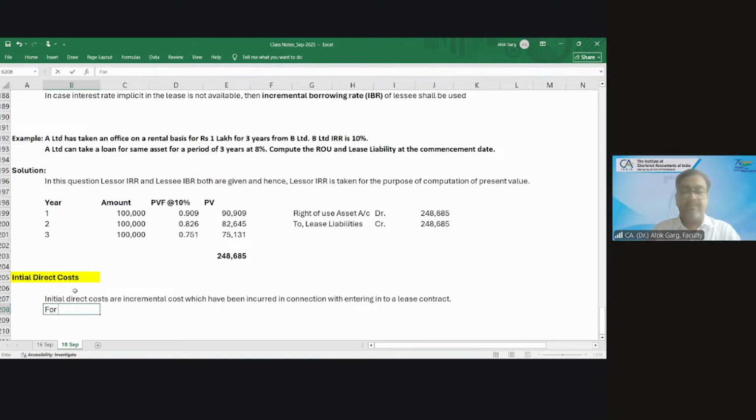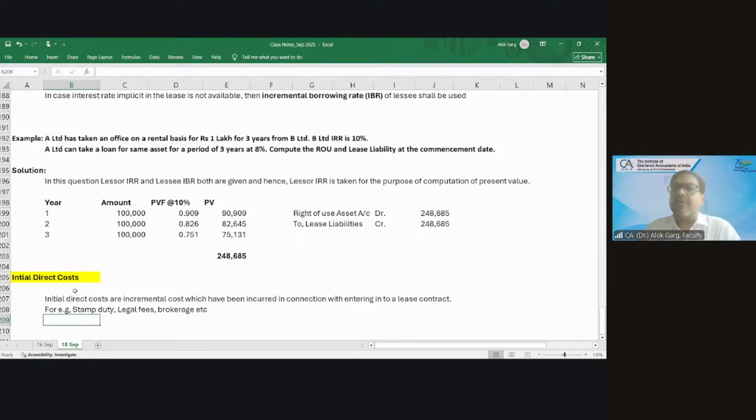For example, stamp duty, legal fees, brokerage, etc.